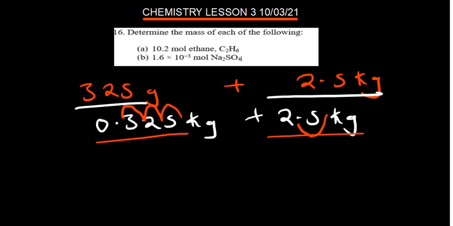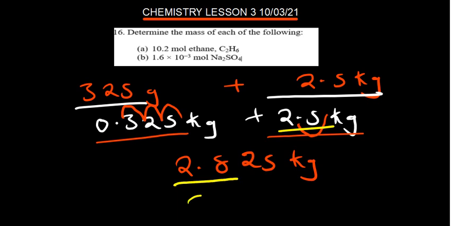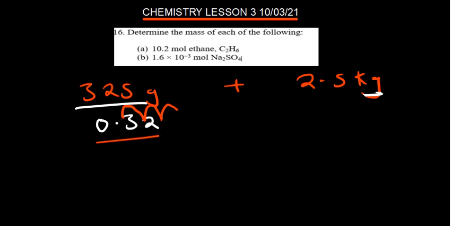So if we do our calculations there, we're going to have 2.825. So in terms of presenting our solution, we need to consider 1 decimal place. So the answer is going to be just 2.8 kilogram.